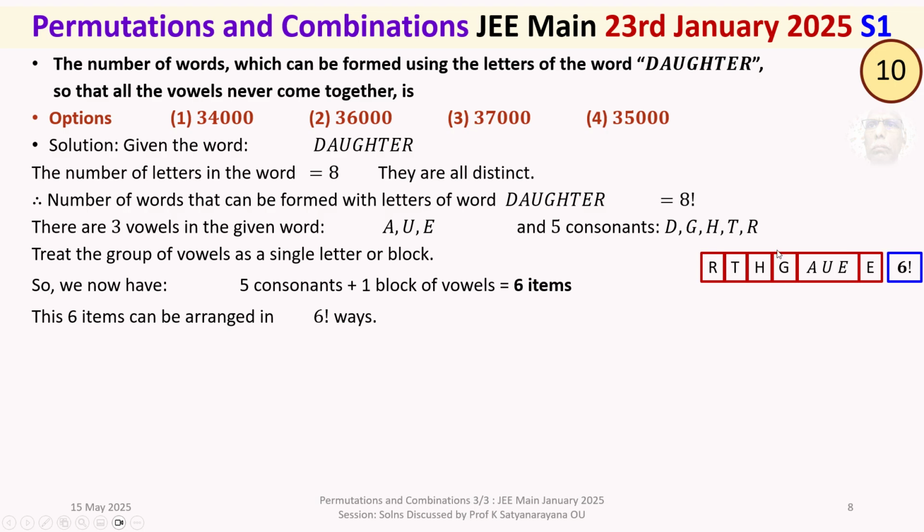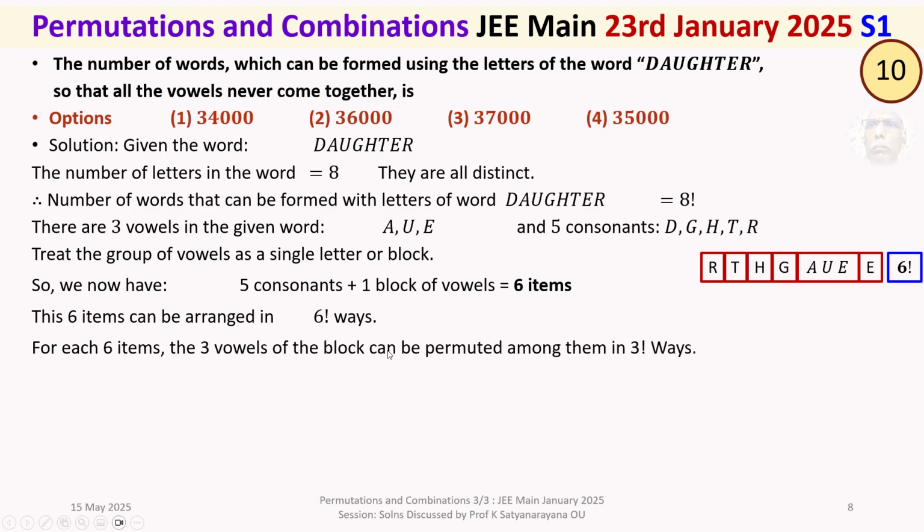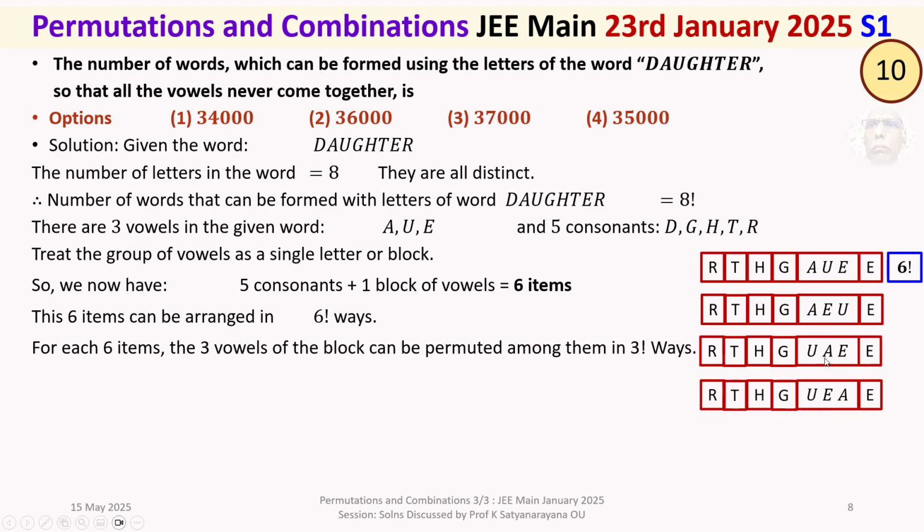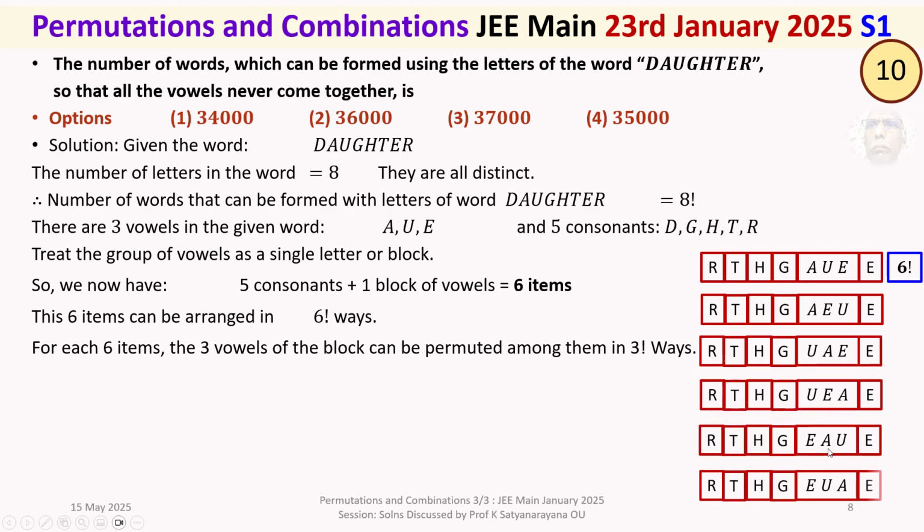For each arrangement of the 6 items, the 3 vowels of the block can be permuted among themselves in 3 factorial ways, like this: A, E, U; U, A, E; U, E, A; E, A, U; E, U, A. That is 3 factorial ways.